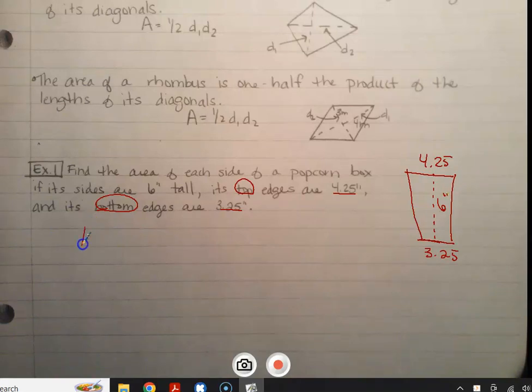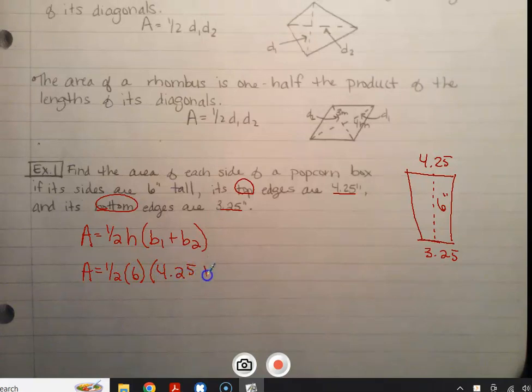So we need to use the formula for area. So area equals 1/2 the height times the quantity of base 1 plus base 2. So let's plug in numbers. 1/2 the height, which is 6, times the quantity of our bases. So one base is 4.25 plus the other base, 3.25. All right, so I'm going to go ahead and do 1/2 of 6, which is 3.